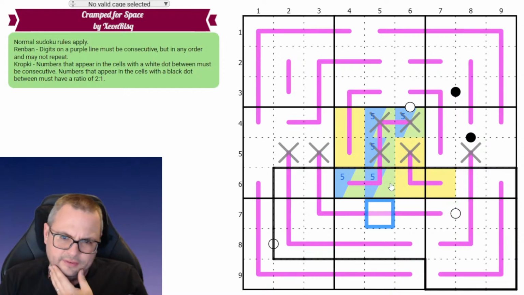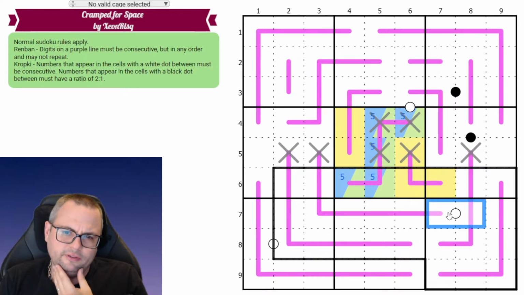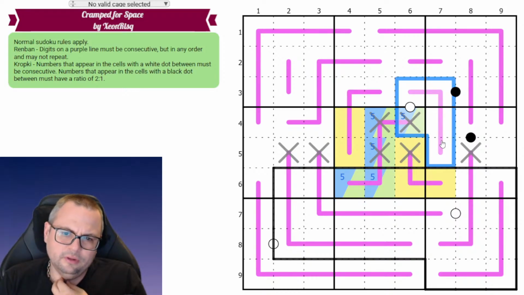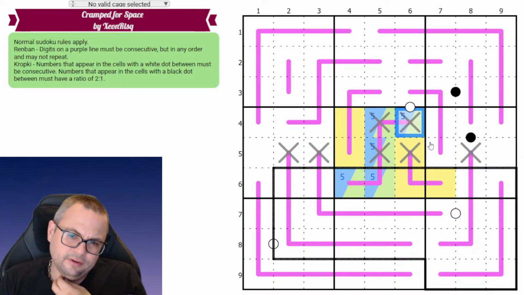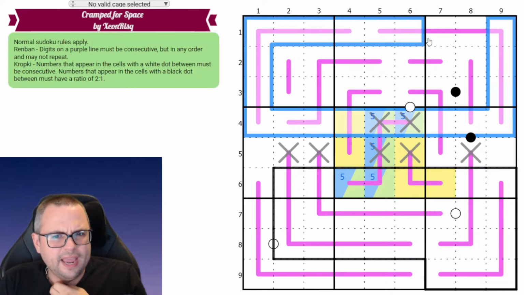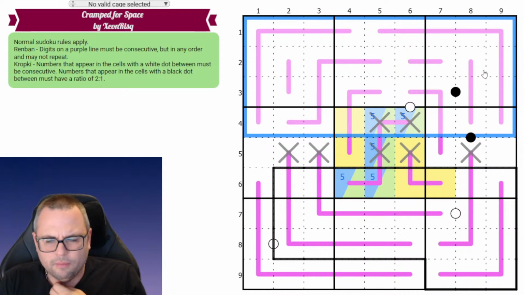These two are consecutive. I don't know if I'm supposed to just completely ignore that or not, or if I'm supposed to look at, I know that this is either blue or green. Rows 1 through 4, the reason I haven't looked at it is it looks like there's way more Renban up there.